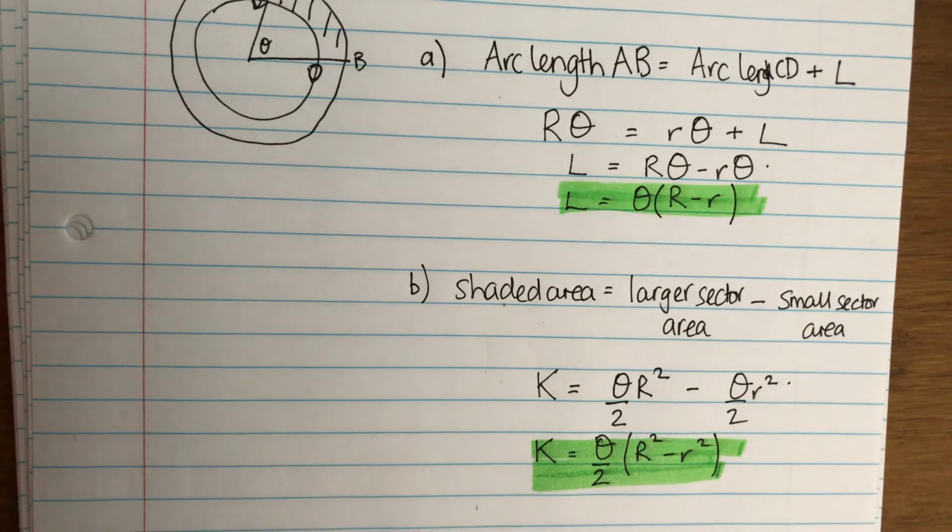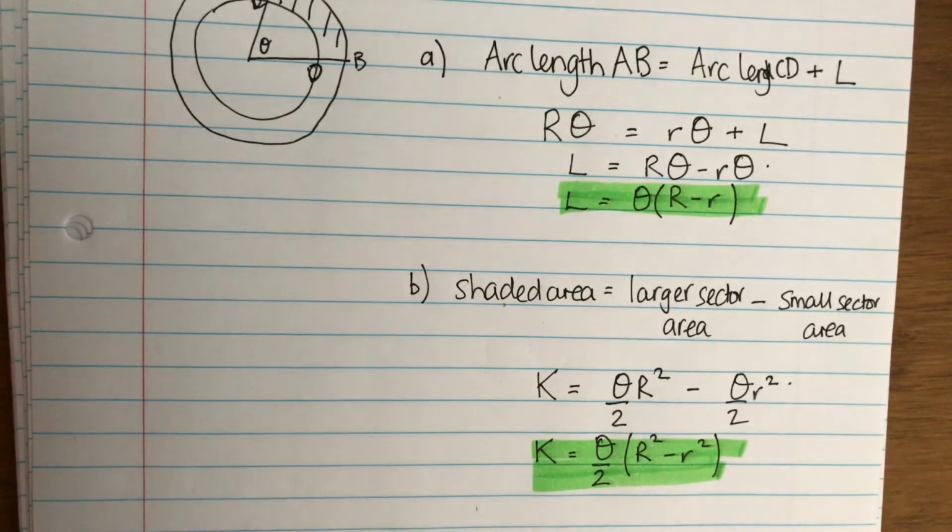Now part B says, use what I found in part A to find little r in terms of big R, L and K. No, not even theta. Okay, so what can I do with this? Well, one, I've got to eliminate theta.